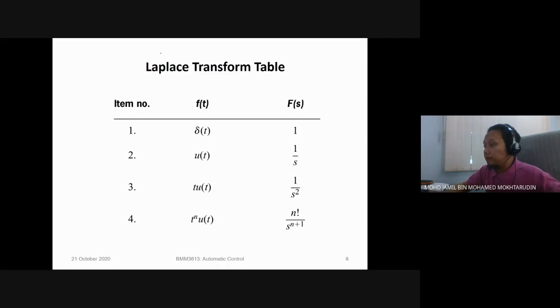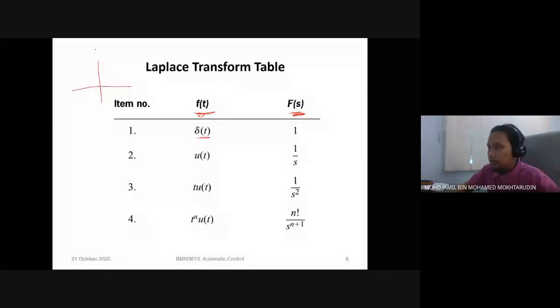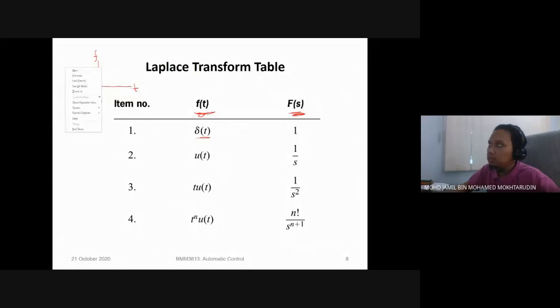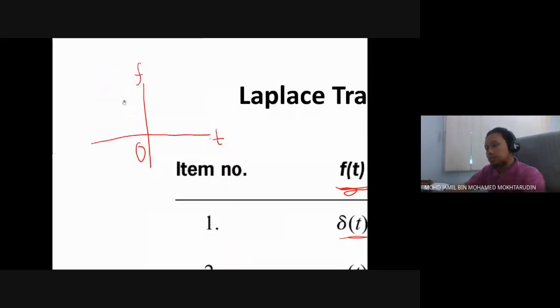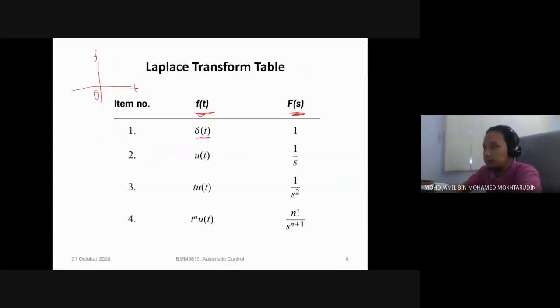Let's say your time function is delta t.